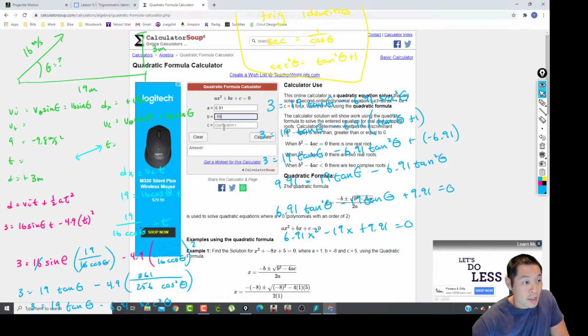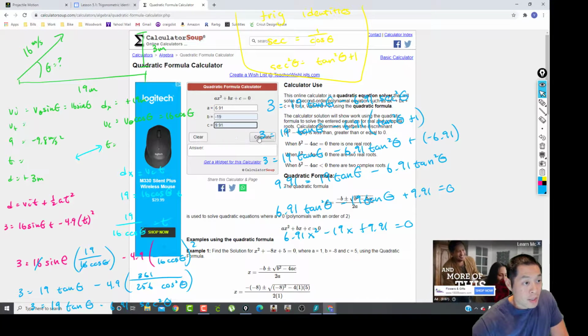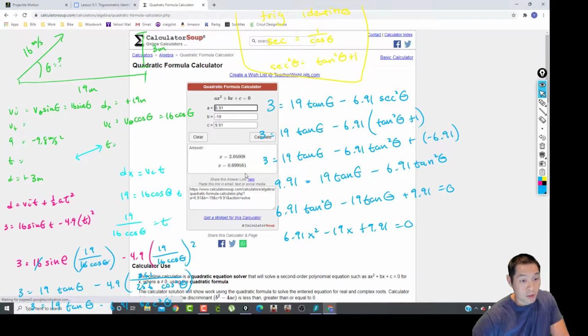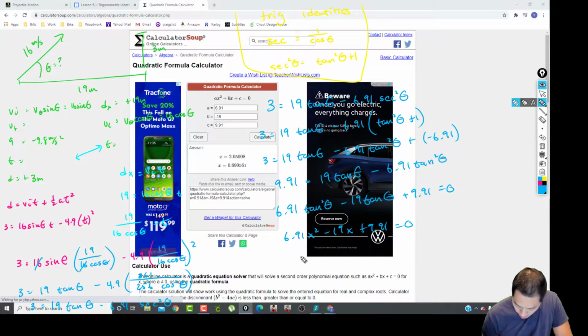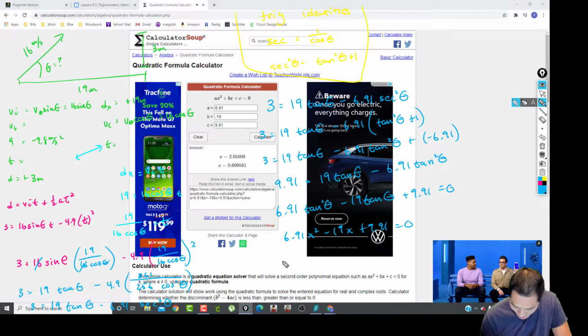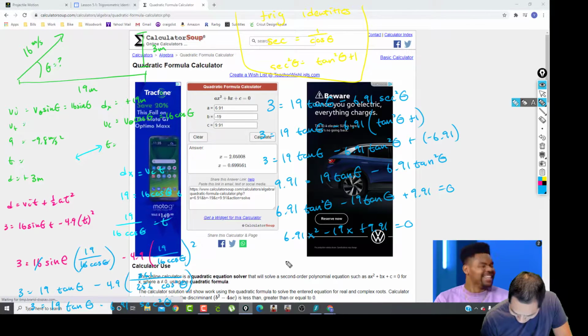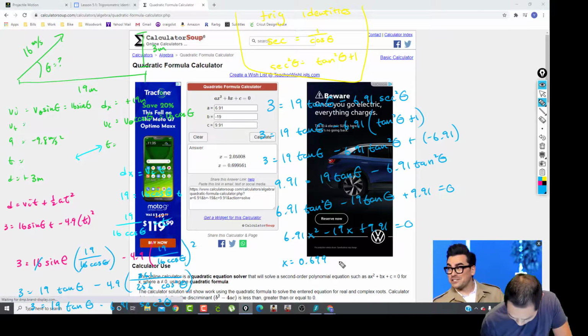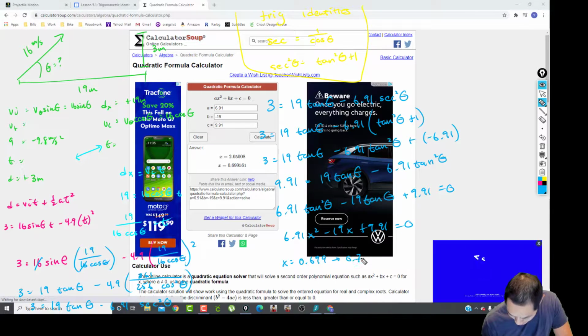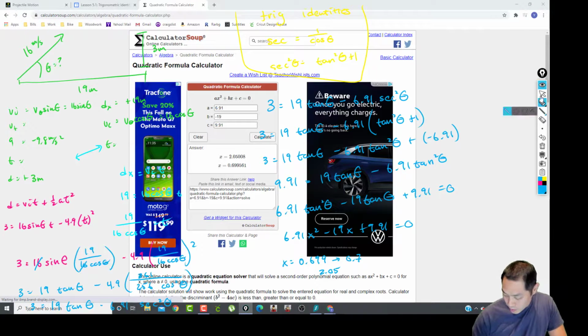Oh, it's over here. 9.91. Calculates, and it's going to give me two answers. It's going to give me x is equal to 0.699, or 7, it's pretty close to 7. And then 2.05. So those are my two answers.